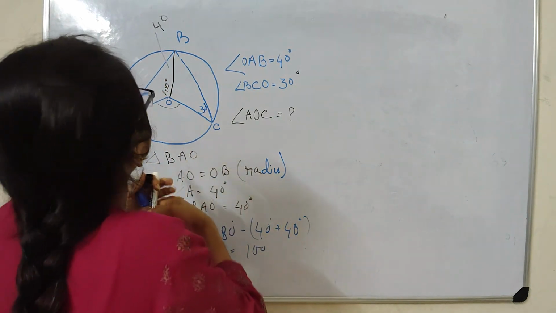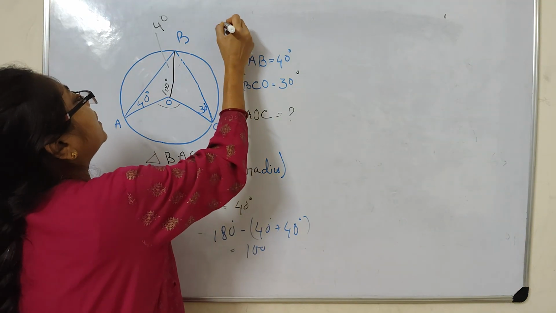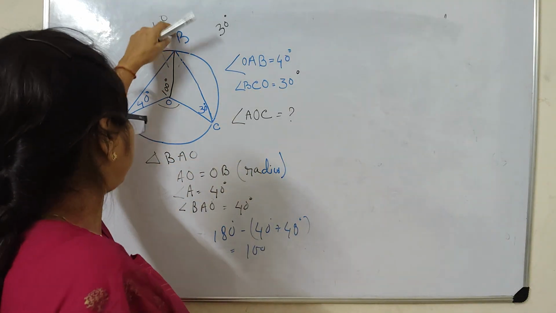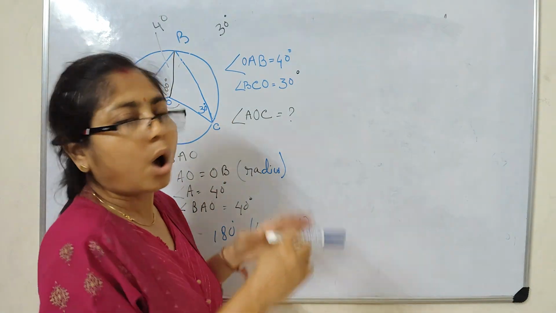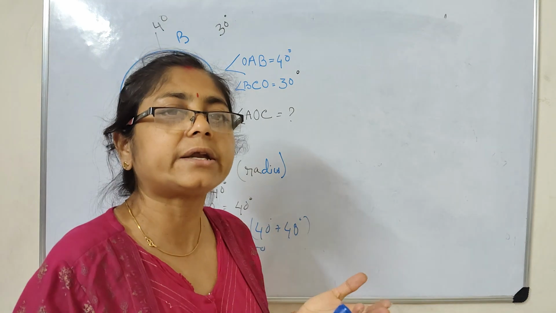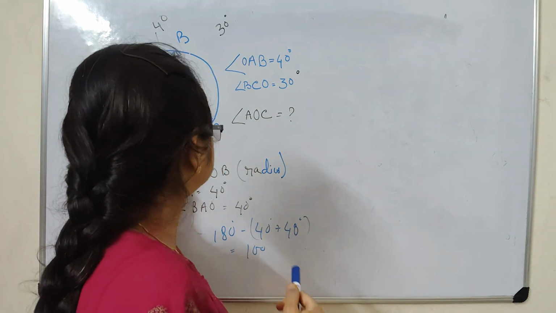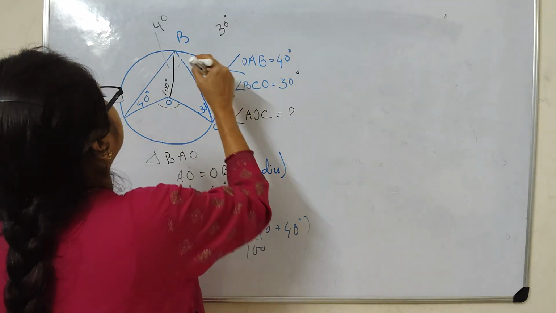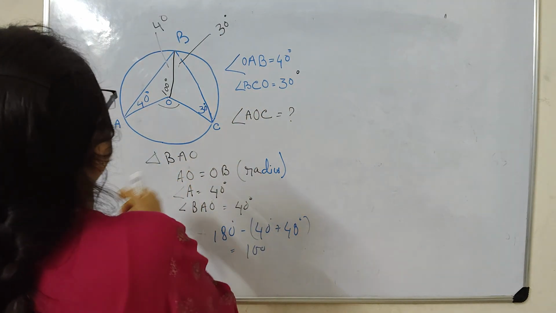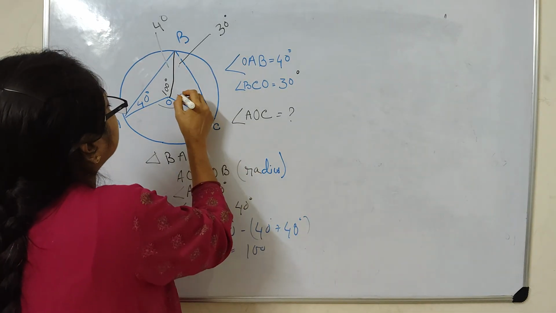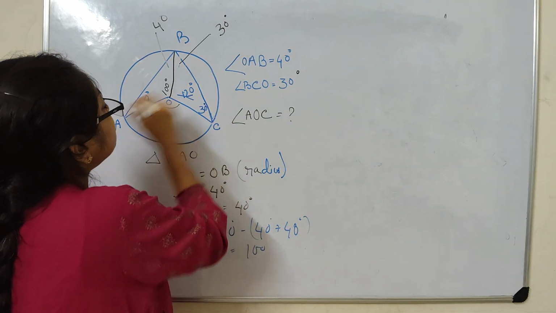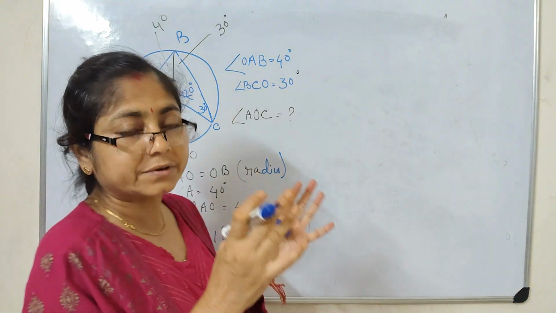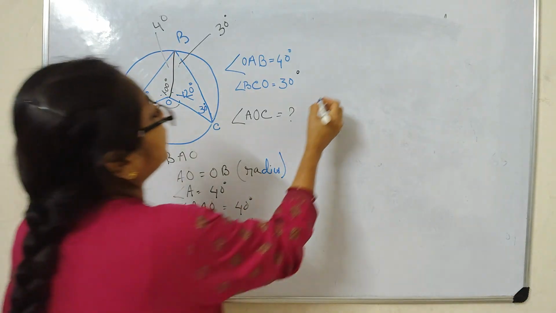So it is 30 degrees, which means this is also 30 degrees. In the same way, in triangle BOC, if you add all the three angles, it is 180 degrees. 180 degrees minus 60 degrees, since this is 30 and this is 30, you can subtract it, and what is the result of this one? This one is also 120 degrees.